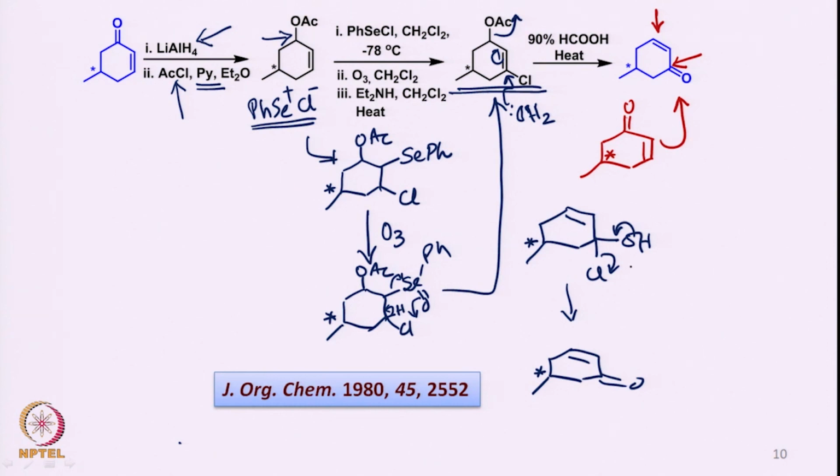So you form the corresponding intermediate, which is unstable and loses hydrochloric acid to form the corresponding enone.